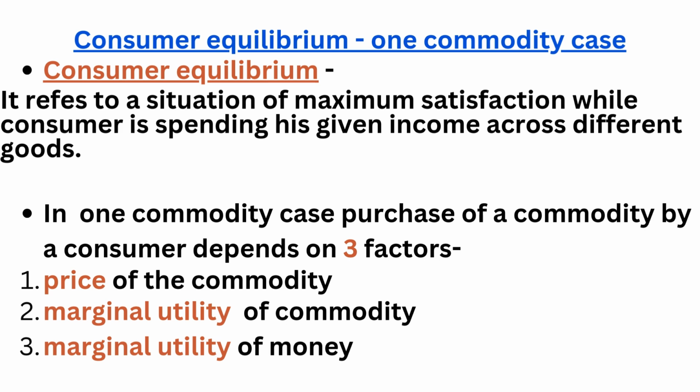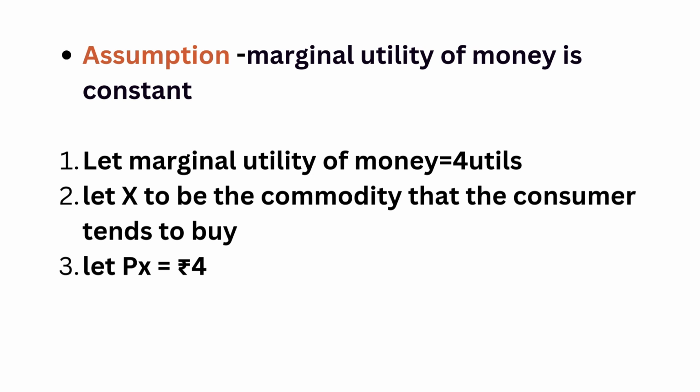Number two, marginal utility of the commodity. And number three, marginal utility of money, which is known as the worth of a rupee. It refers to the utility that a consumer will derive by spending a rupee.